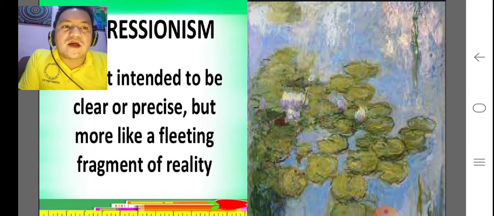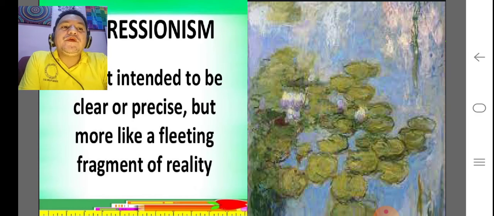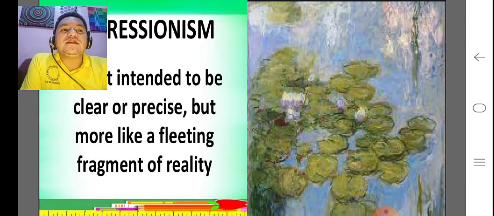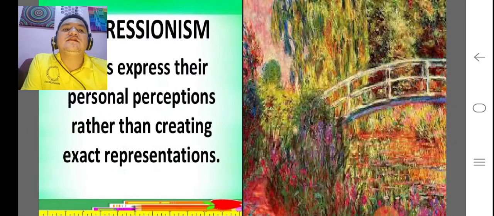If you take a look at the pictures, from the first time you look at it, you will not be thinking that it is a water lily. But if you make a deeper look, you would realize, this is a water lily.